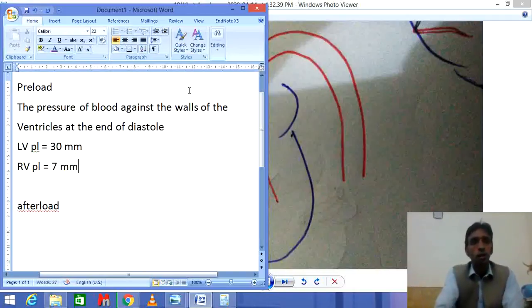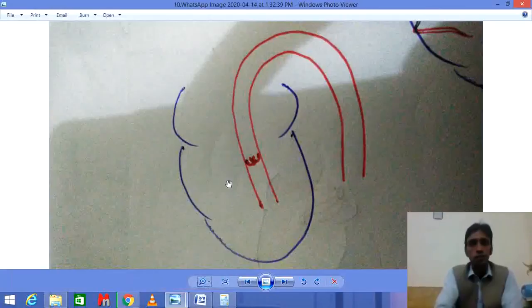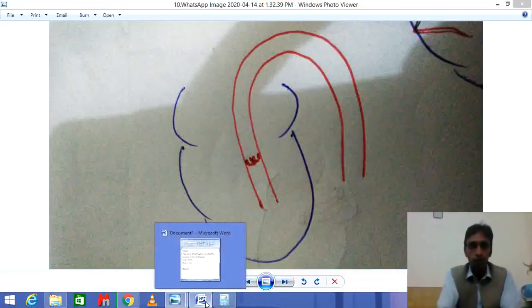In the right ventricle, the pressure of blood against the wall is very low, that is 7 millimeters at the end of diastole, and here it is 30 millimeters of Hg when the ventricle is completely filled with blood.